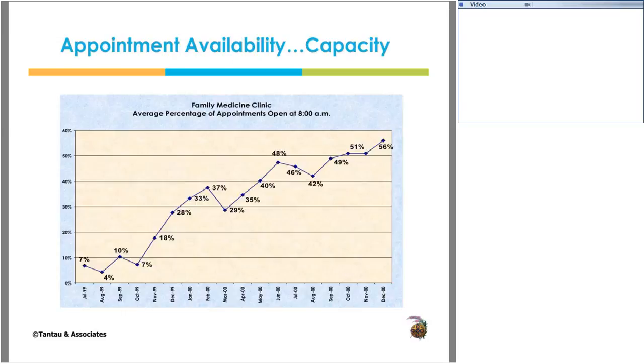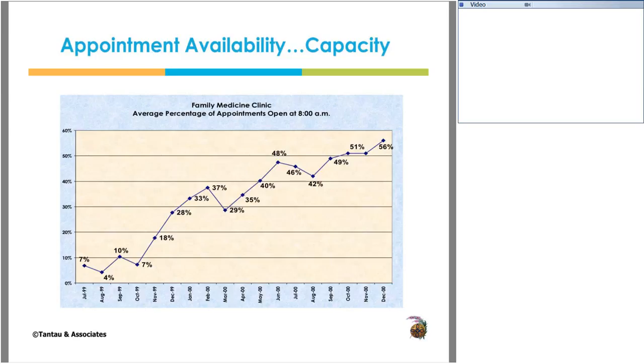Here's another look. This is actually the work that was done at South Central Foundation. These are the folks we worked with a number of years ago, and they ended up on the front page of the New York Times with their amazing access work in primary care. They started with less than 10%, definitely. And as they got better and better at this, you can see they got up to 56% open at 8 o'clock in the morning.